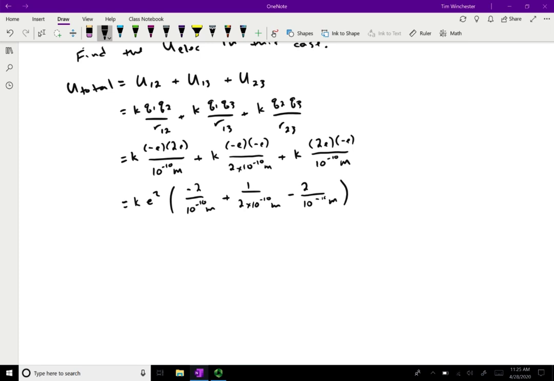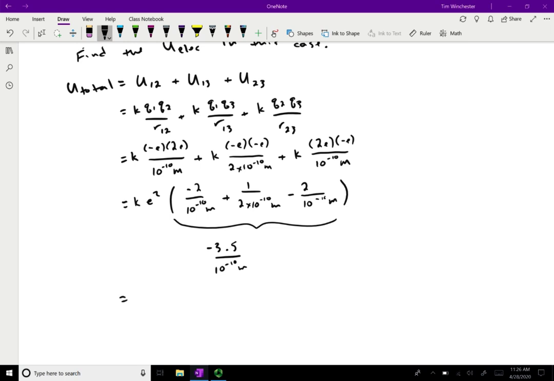Okay, so if I add those up, then what I'm going to get inside is negative 2 plus a half minus 2. And so that's going to come out to minus 3.5 over 10 to the minus 10 meters. Okay, and then that is going to be that part.